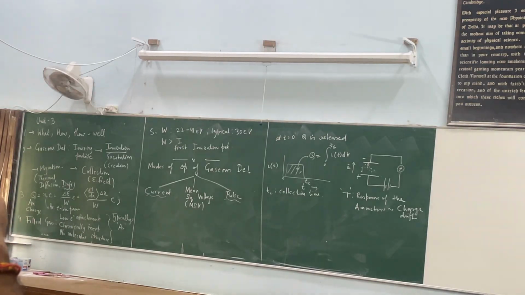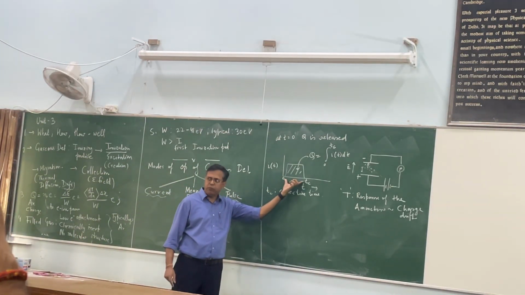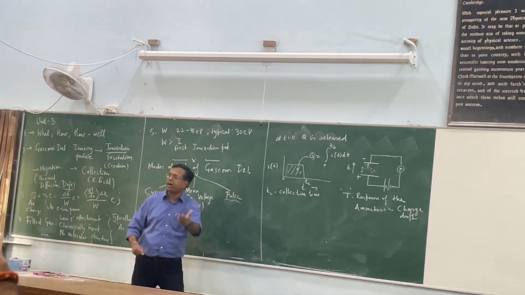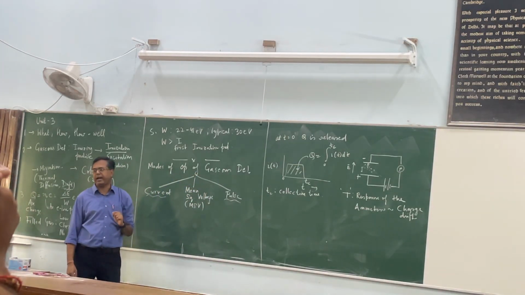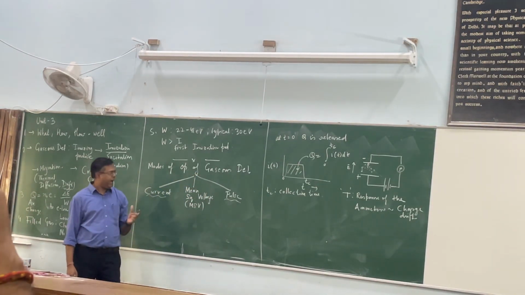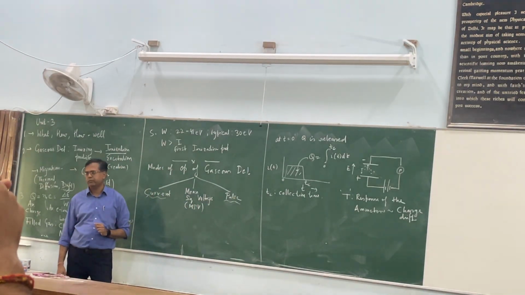All we need to see is how this Q, which happens in a single event, is collected if multiple charged particles come. That defines in which mode we are going to work.